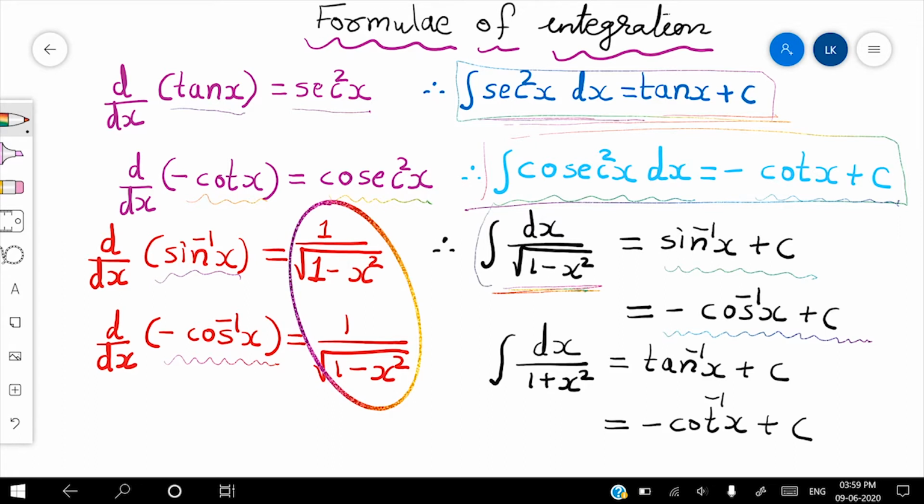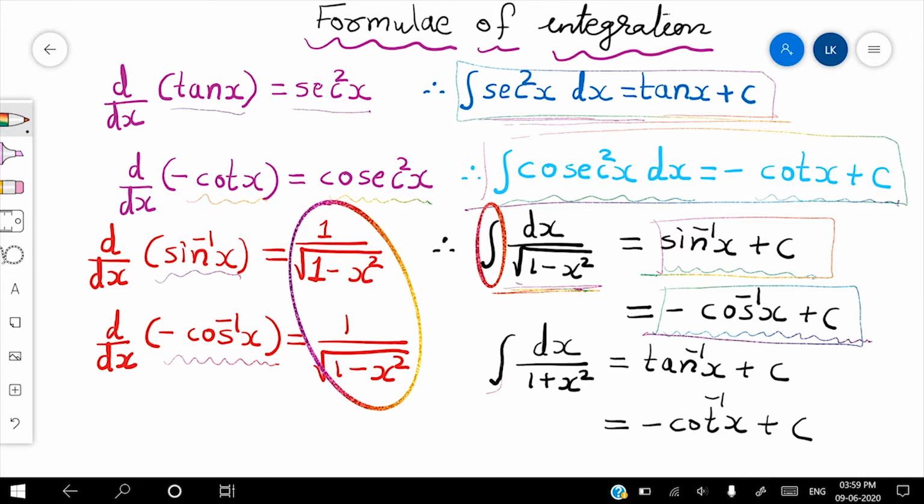Try to remember this formula whenever there is the integration of 1 upon square root of 1 minus x square dx. At that time the answer is either sine inverse x you can write, or minus cos inverse x plus c.